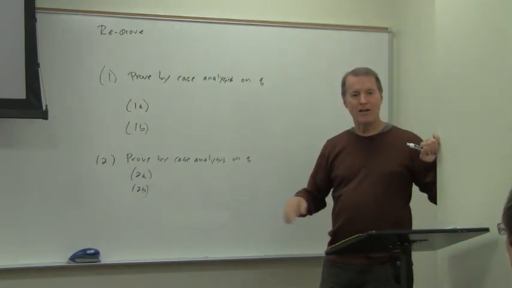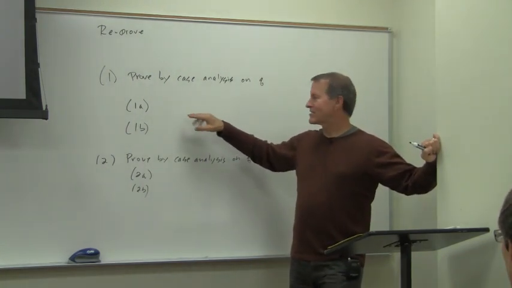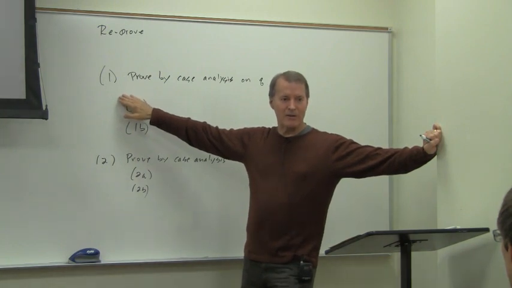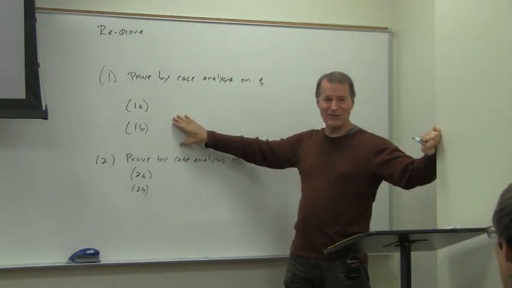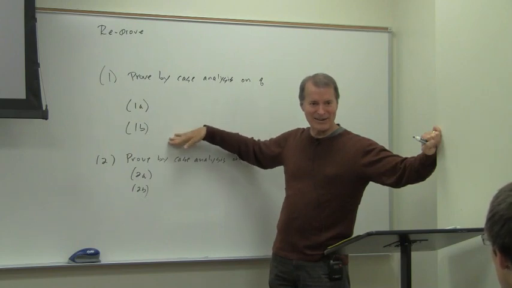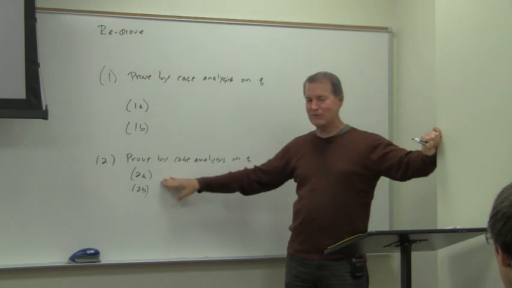Wait. Why do you have A and B? I missed it. It's the 1 and 2. When we did 1, we were proving a theorem that only had a Q in it. Oh, okay. So if you wanted to do that by case analysis on Q, you would have 2 proofs in there, right? And then if you did 2 by case analysis, you'd have 2 proofs in there, right?